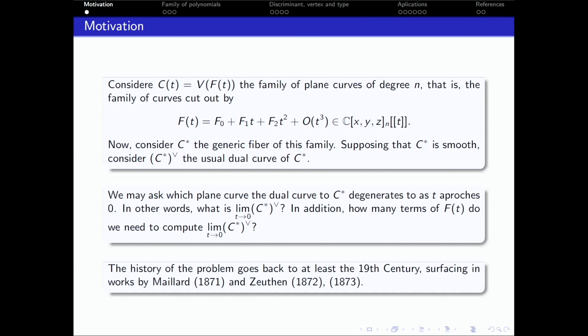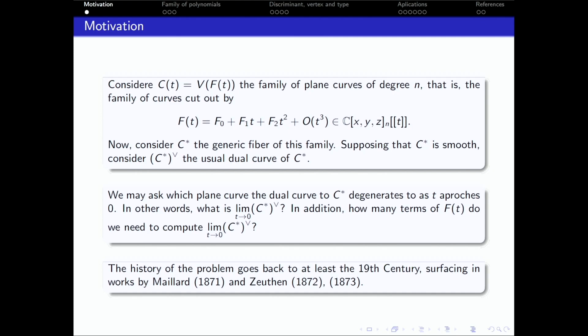We suppose to have a family of plane cubics, assuming that the generic fiber is smooth, so you can take the dual of this generic curve. So we may ask, what is this limit? More precisely, we may ask which plane curve the dual curve C star degenerates to as t approaches 0.